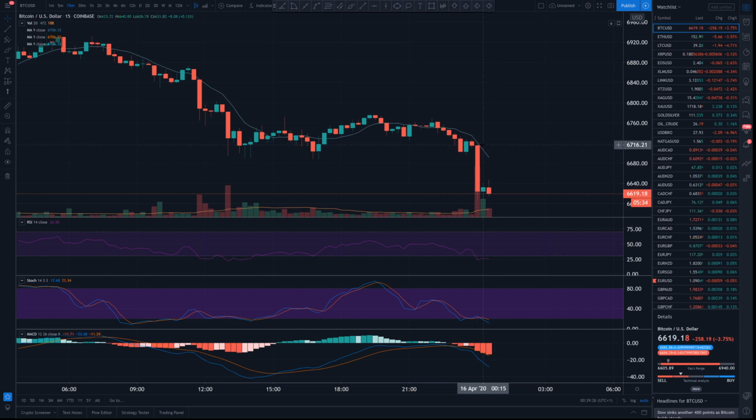What are the wicks? The wicks are the price extension to the farthest high and the farthest low in that time frame. So if I'm on the 15-minute, and we'll take this 15-minute candle, just visually, I can estimate that the price opened at 67.15 and closed at the end of that 15 minutes at 66.23.